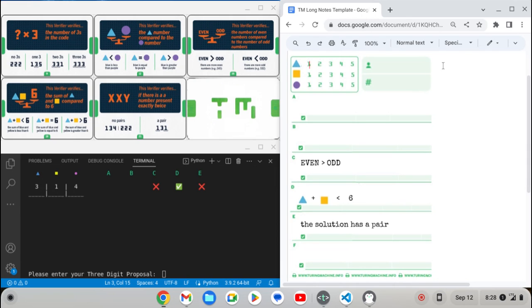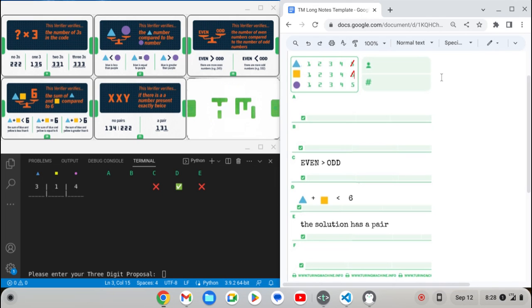Well, it seems that neither triangle nor square could be a 5, because when you add 5 to the smallest of 1, that sum is already 6. And obviously, if we add anything larger than 1, that's going to be greater than 6. So yeah, we can actually cross out the 5s from both triangle and square.